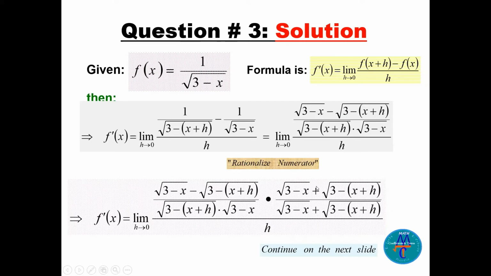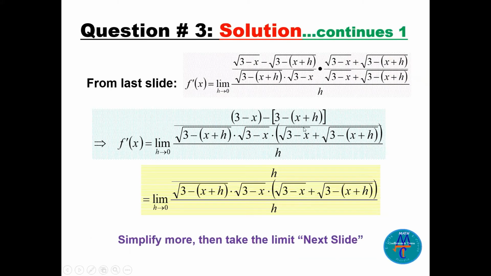So now on the top here, you multiply, difference between two squares. And here you leave it. You will see on the next slide. So this one times this one minus this one times this one. This is what we have from the last slide. So you multiply difference of two squares. This will be 3 minus x minus, in the bracket, 3 minus x plus h.